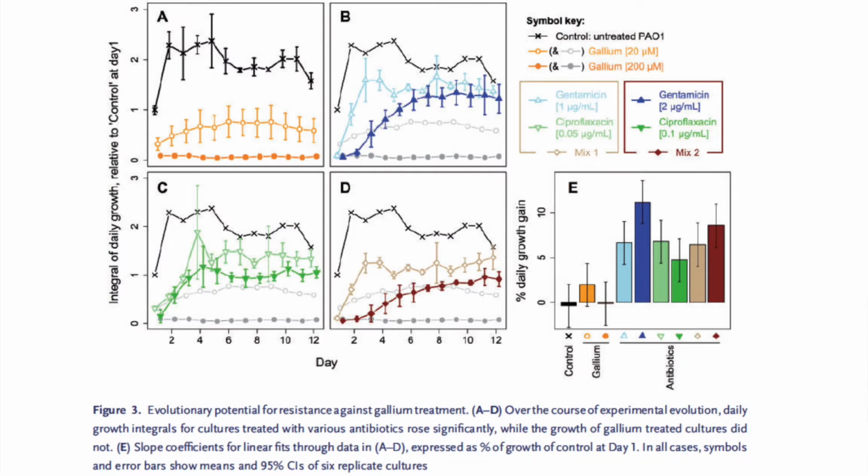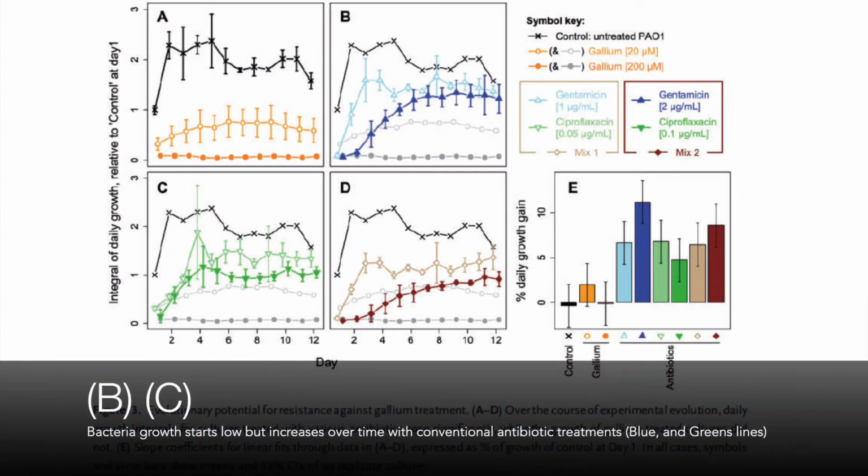When you compare how it behaved with the antibiotics, just individual antibiotics, you can see that, yeah, even at low and high doses, it did knock down the bacterial population. But after just a few days, the bacteria started growing quite rapidly, almost unaffected by the antibiotic.